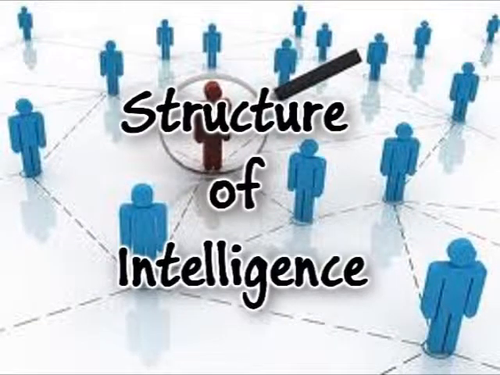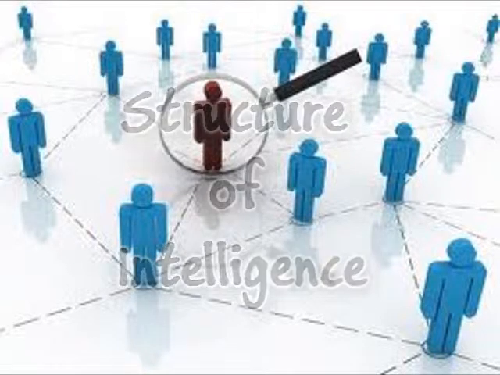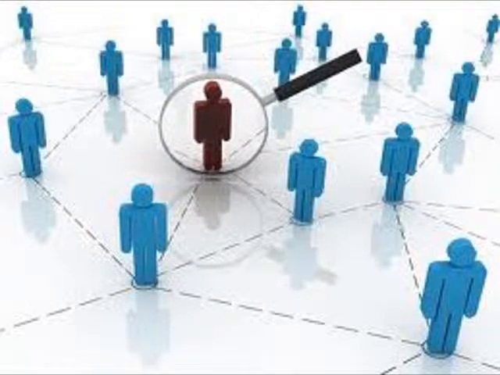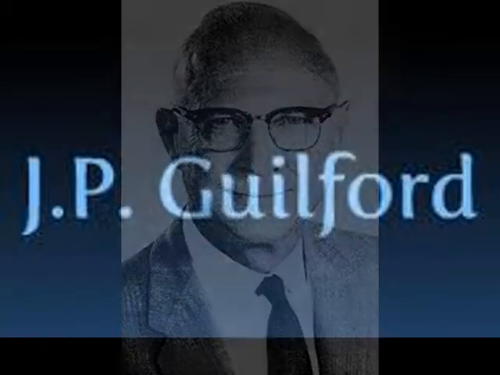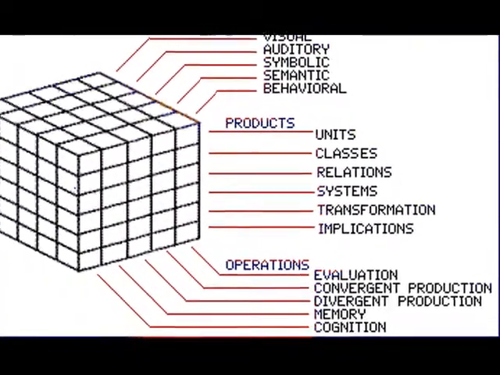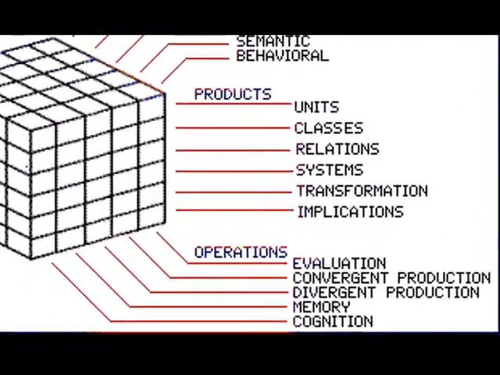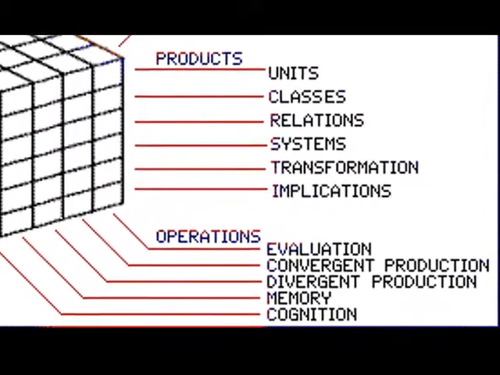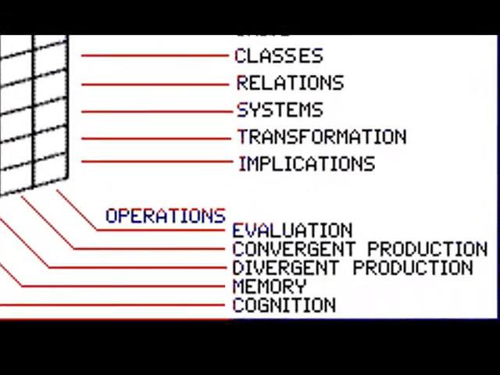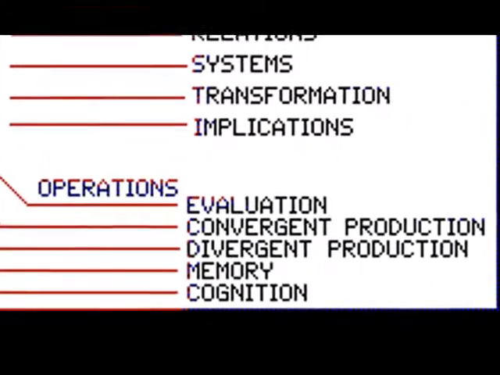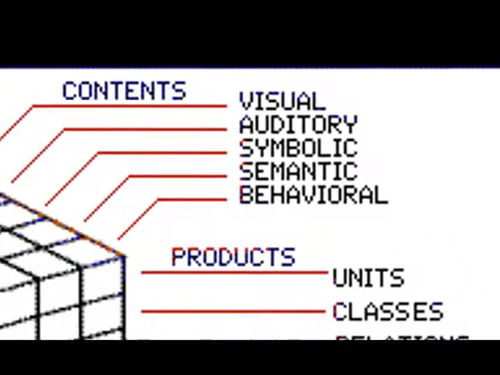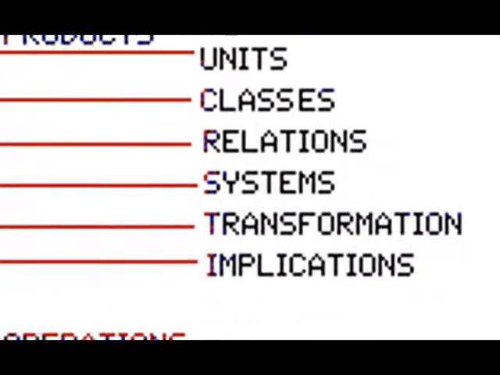The structure of intelligence is a general theory of human intelligence. In the structure of intellect, this structure was created by Guilford. It's based on a combination of three components of intelligence measured as a wide range of abilities needed for academic success. Those are operations, contents, and products.